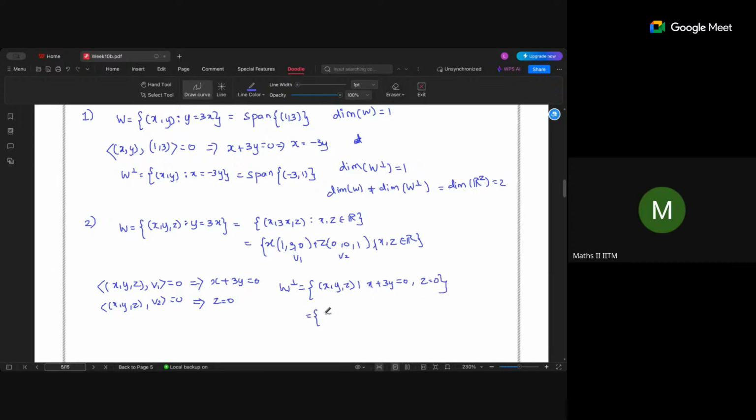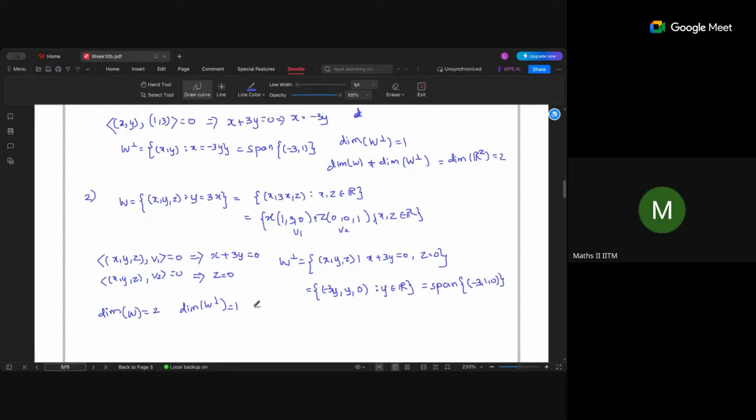This means you have x, and we can write x as minus 3y, and then here y, and then this is 0, with y in R. So what can be a basis for this? (-3, 1, 0). In this scenario, what is the dimension of W? 2. What is the dimension of W perp? 1. So you can see that the dimension of W plus the dimension of W perp is that of R3.